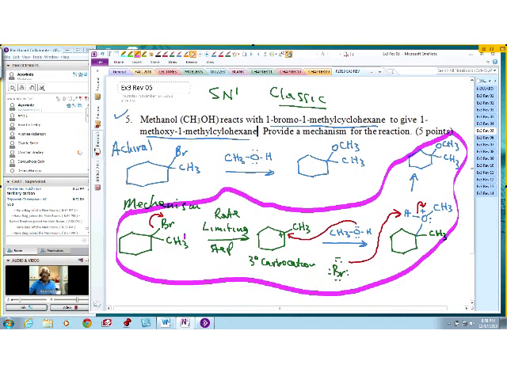You notice there is no need to draw the transition state. Let me write that, because in the last quiz, a lot of you spent a lot of time trying to draw transition states, and that was completely unnecessary. No need for drawing transition state.